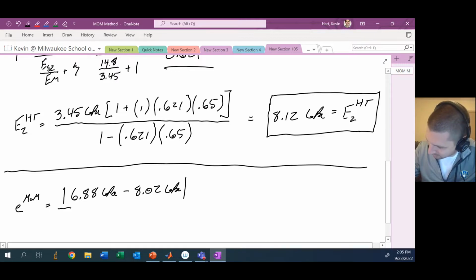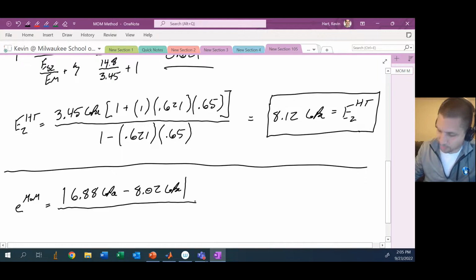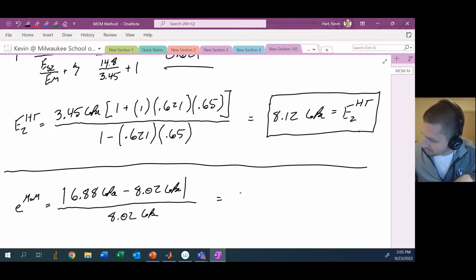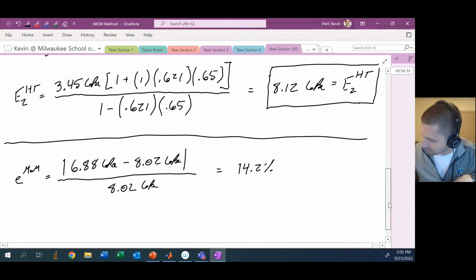Take the absolute value of that. This will end up being a negative number in the numerator before we take the absolute value, and normalize by the known value, 8.02 GPa. Typically error is represented in percent, so we'll multiply by 100 to get to a percent. This will be 14.2% error associated with the mechanics of materials method.